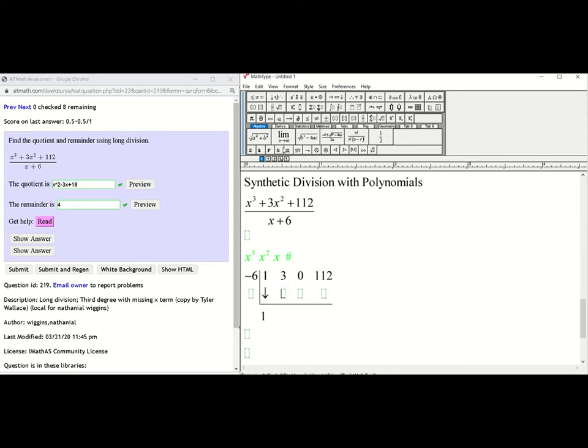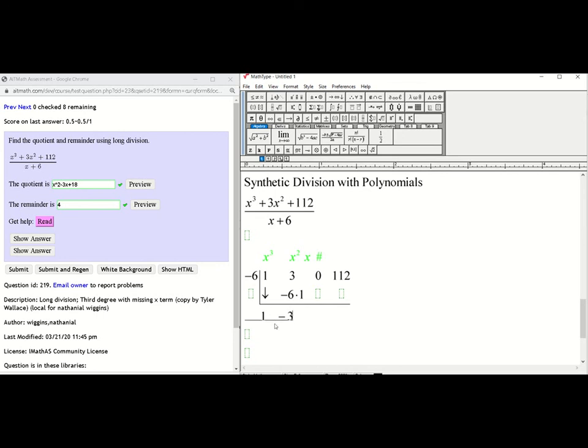So it's going to be -6 times 1. And -6 times 1 is -6. 3 minus 6 is going to be a -3, right?